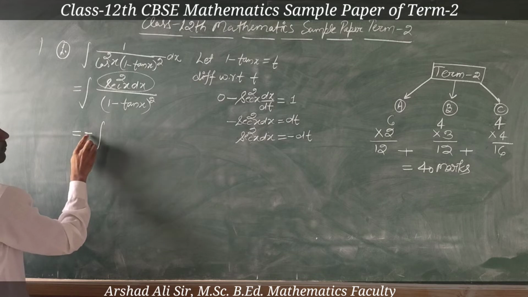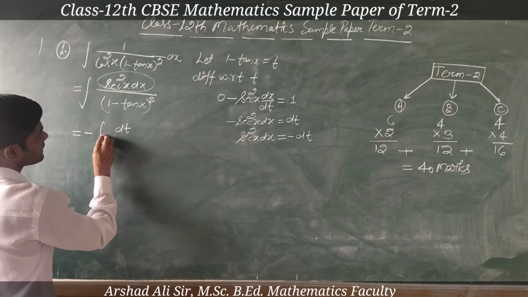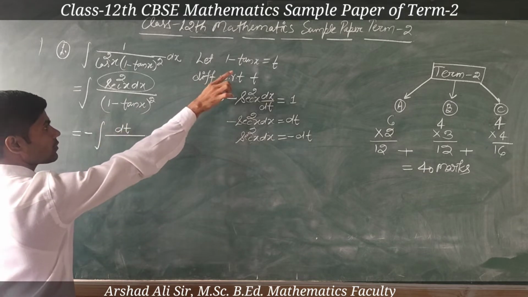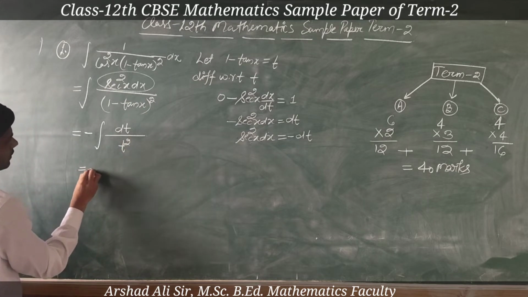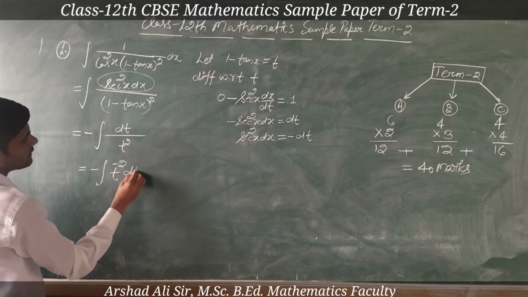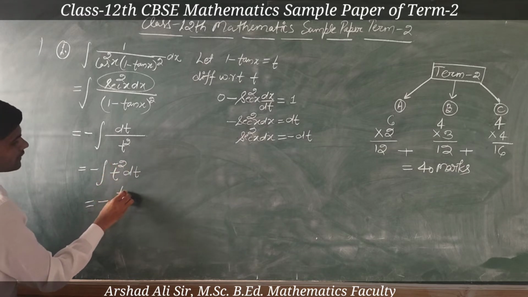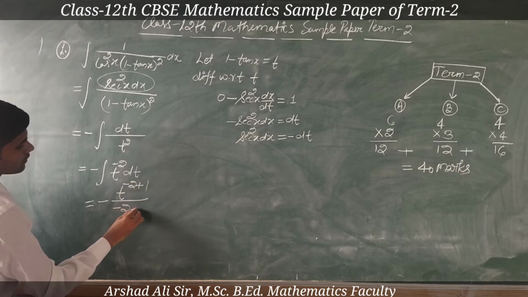So we can write the minus sign out of the integration. So here dt upon 1 minus tan x means t, and here we have square, so t square. Now can we write t to the power minus 2 dt? What is the integration of t to the power minus 2? It will be t to the power (minus 2 plus 1) upon (minus 2 plus 1).